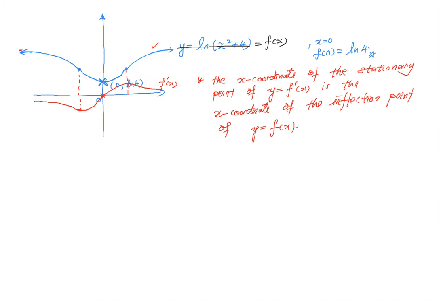I tell you that these two points are the inflection points and this point A is the stationary point. Use your GC and sketch to see whether my graph is right or wrong.